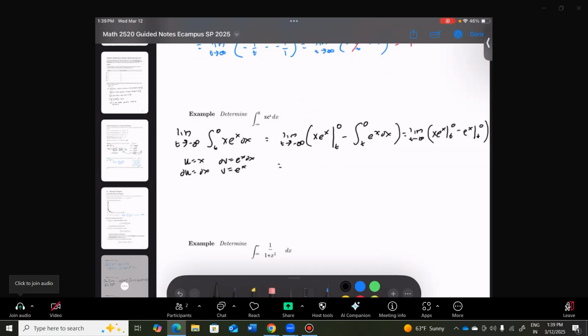We get the limit as t goes to negative infinity of 0 times e to the 0 minus t e to the t, minus e to the 0 minus e to the t.